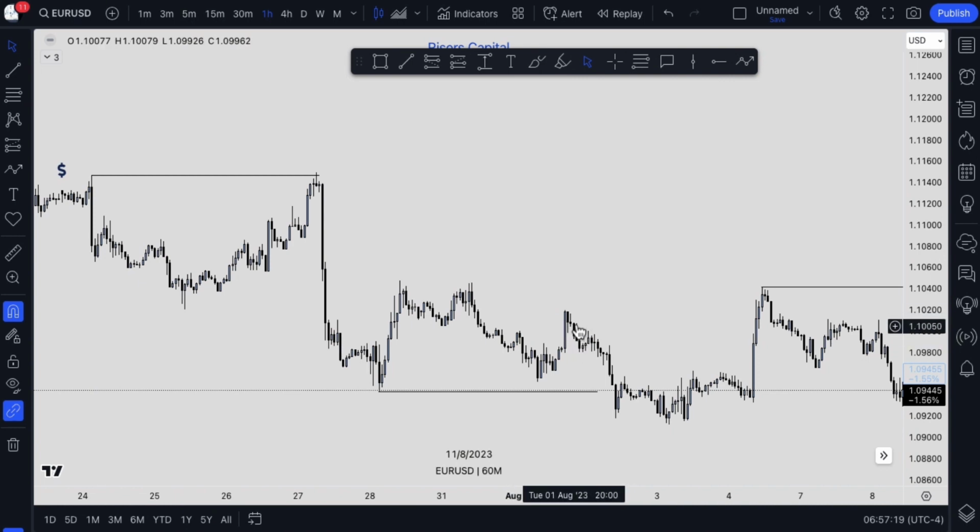In lower time frame sells, you can start to look for sells here, even here, and then obviously you take profit over here. Then of course you can have some low time frame market structure shift or confirmation, a break of structure, anything, and then look for sells over here, target here, stop loss above these highs, whatever.